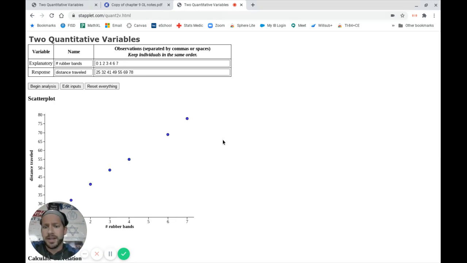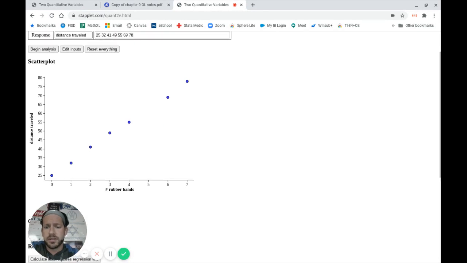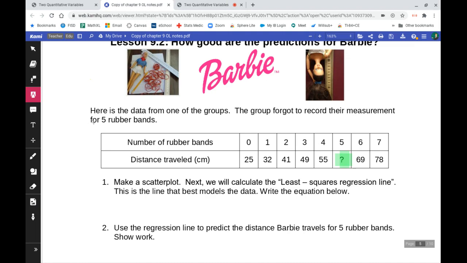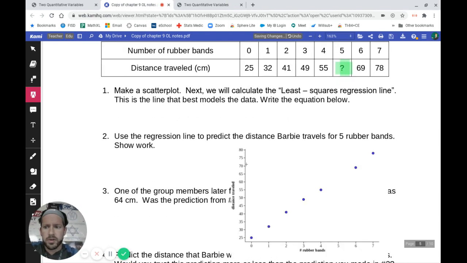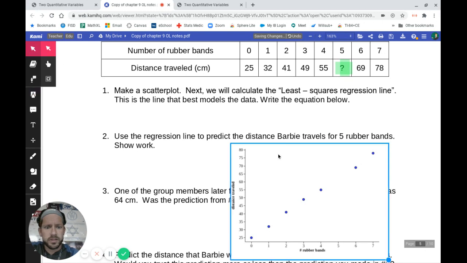So we begin analysis, and we're given this scatter plot, and we got a nice blank right there. I'm going to capture this and throw it into my notes, make it much smaller because I have no room for this.